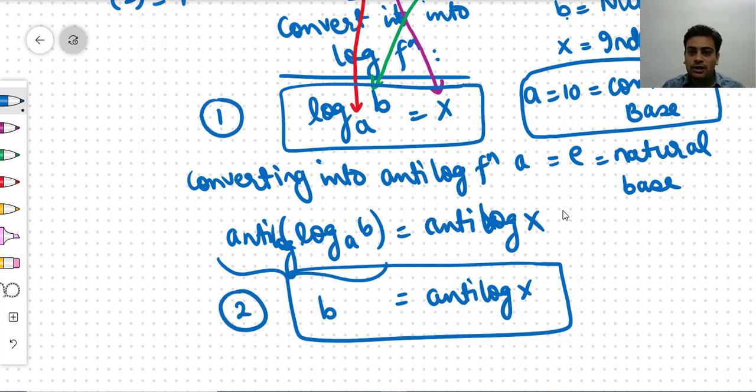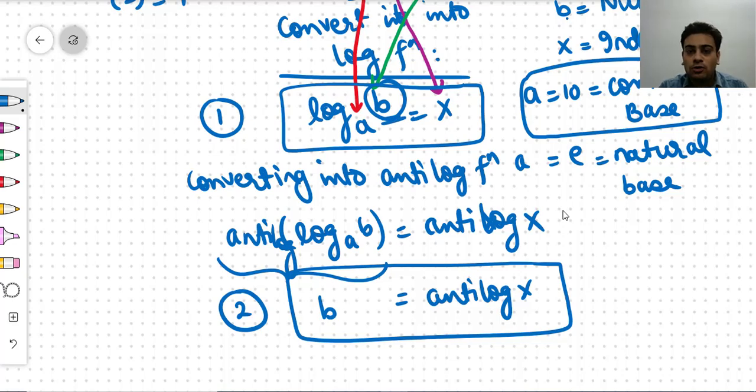It is very important to remember that logarithm is always written in this form, and this b I always call the number, because we need to find the log value of this b. In further videos, whenever I say number, it implies this b value.